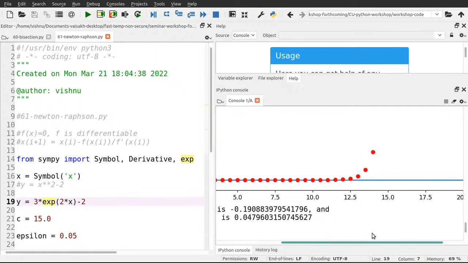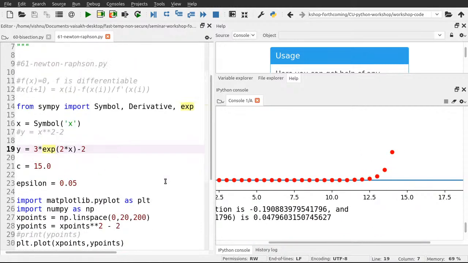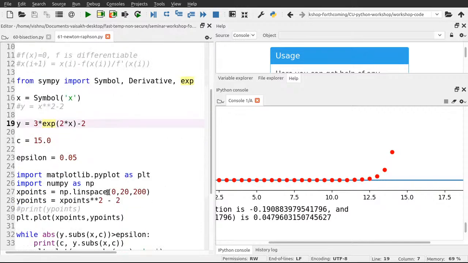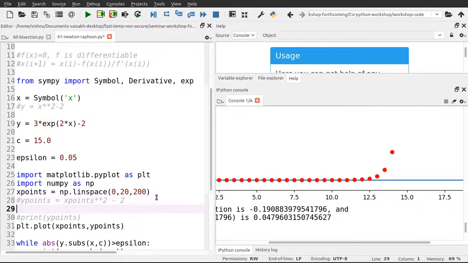It's almost like a straight line, because here we have taken the straight line of x points. So maybe we need to use list comprehension here instead of that, so that we can plot the graph of this function also smoothly.